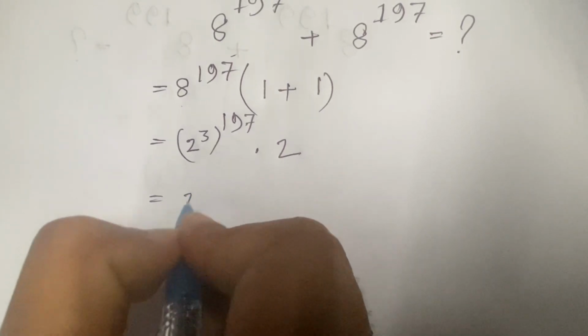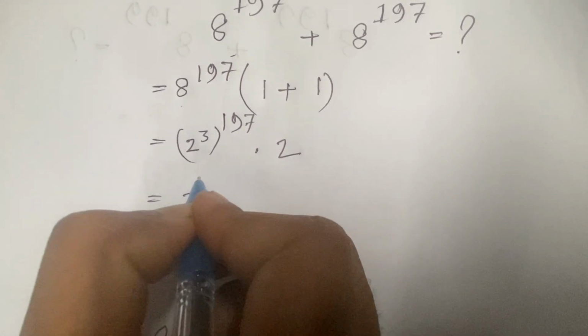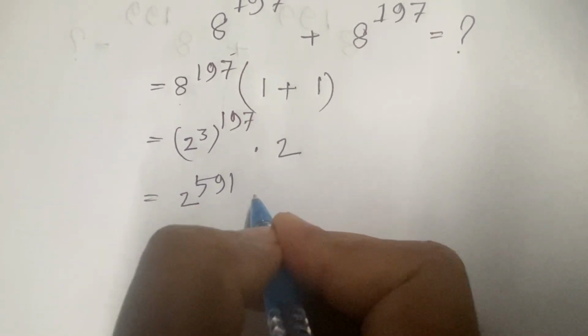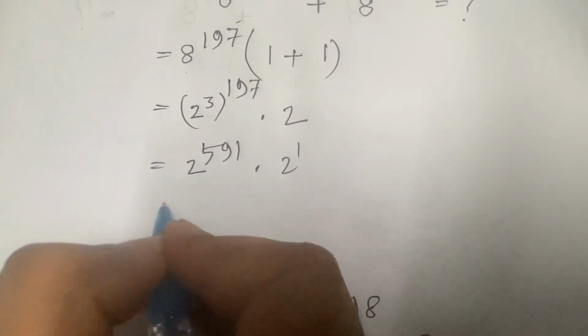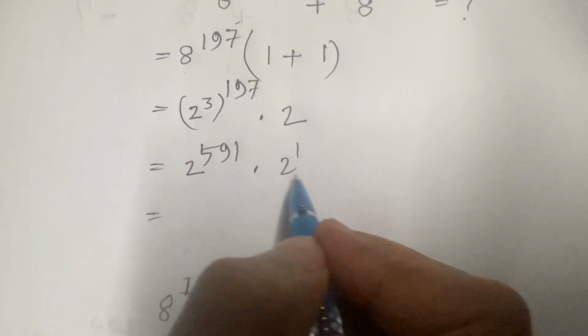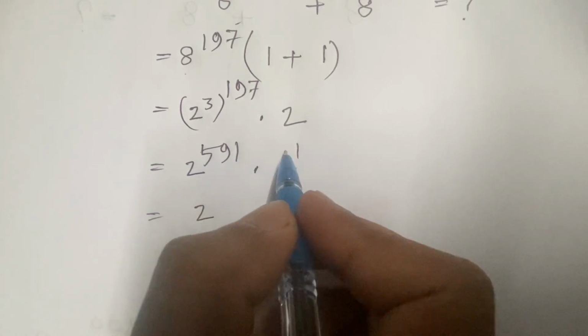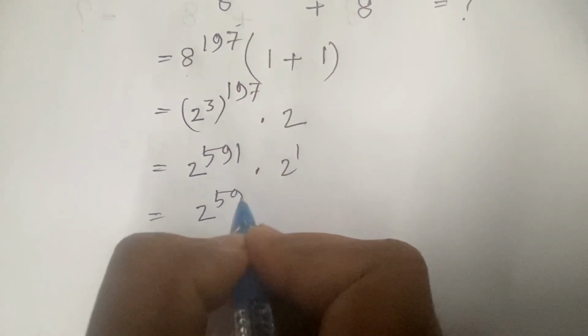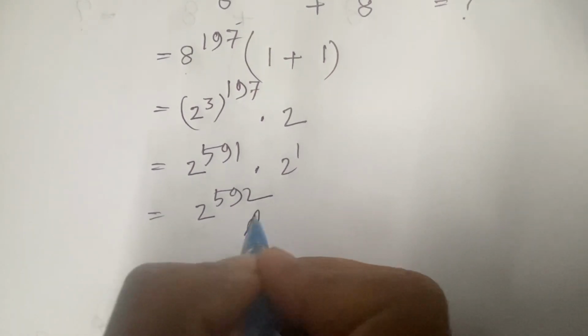Now 2 to the power 3 times 197, that means 591, times 2 is the same as 2 to the power 1. Now we see 2 has the same base but different powers, so we can write 2 to the power 591 plus 1, that means 592. So 2 to the power 592 is the correct answer.